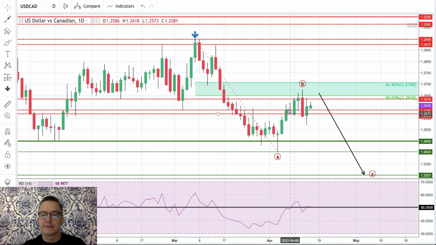So if we will see some kind of a horizontal trend, some kind of forming of a triangle or something like this in the wave B, because it's still possible, then of course we need to assume that the wave B will take a little bit more time to form, and then the wave B will be simply much more complex in time and price. So far it looks good. So far it looks like the wave B had been completed. We wait for the downtrend resumption.